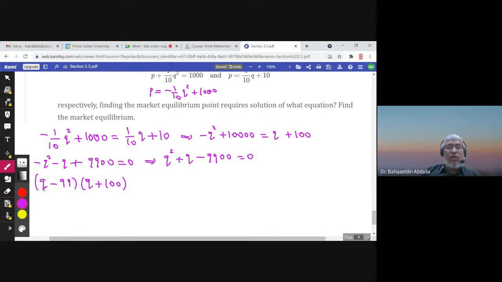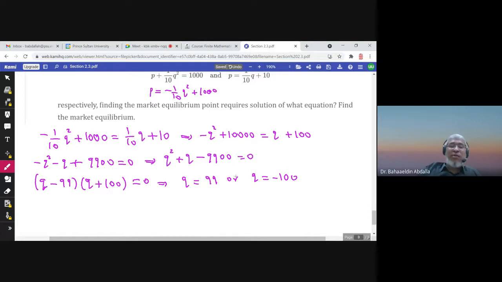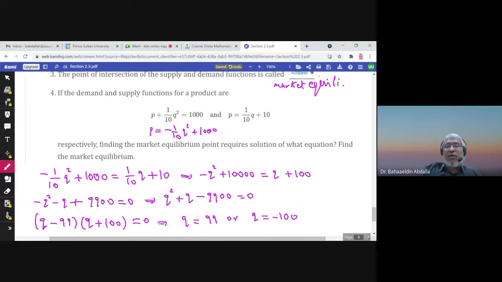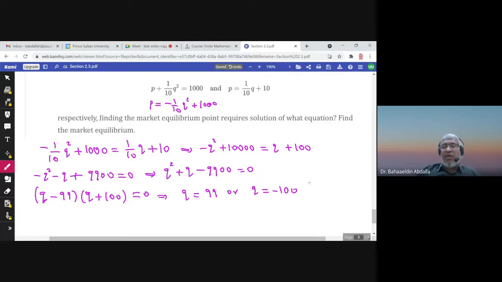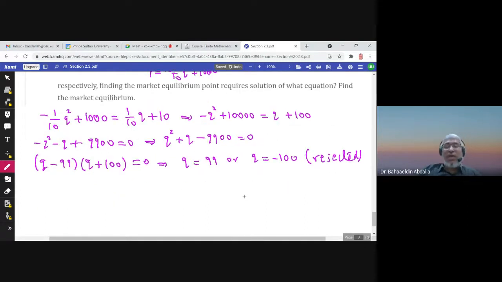I hope you differentiate here between q and 9. Q minus 99 times q plus 100 gives minus 9900, and their sum will give you 1. So either q is 99 or q is negative 100. But q is the number of units supplied or demanded, and it cannot be negative in real life problems. So this solution is rejected, and q is 99.